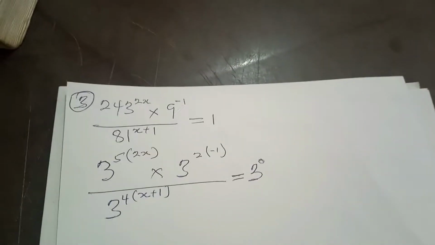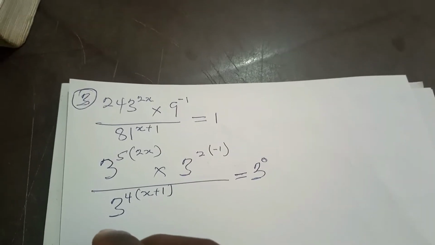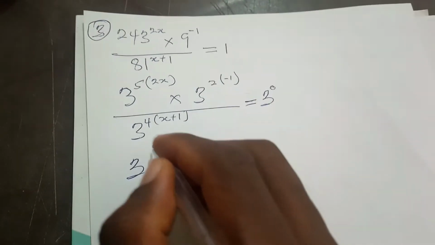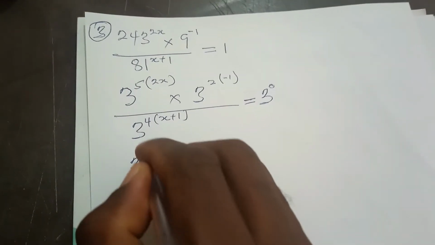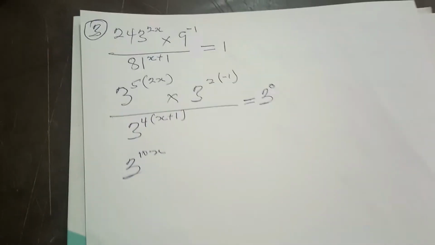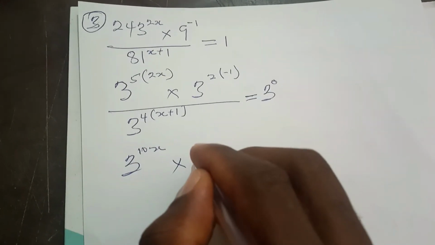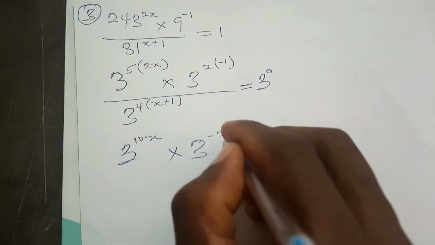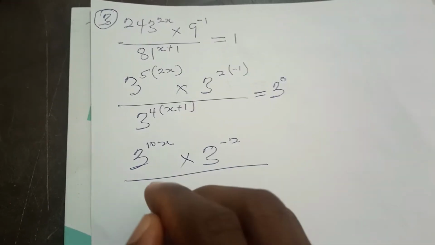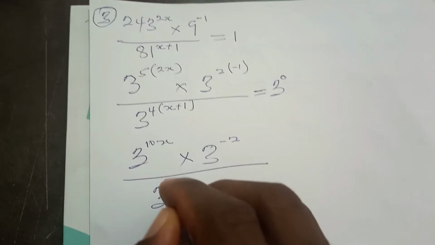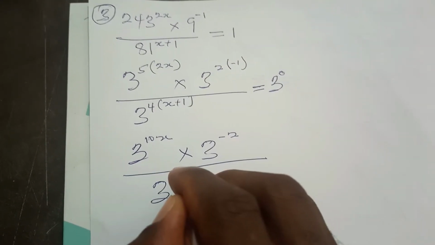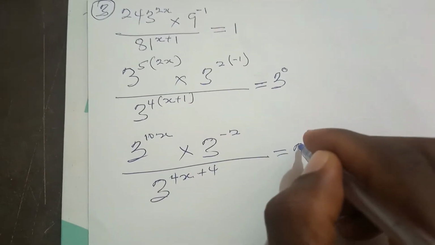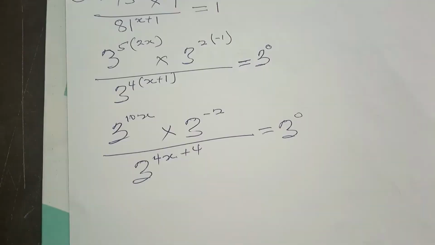Alright, so let's work it further to have 3 exponent 5 times 2x will be exponent 10x. Then times 3 exponent 2 times -1 is -2. That will be equal to 3 exponent 4x plus 4. And this should be equal to 3 exponent 0.